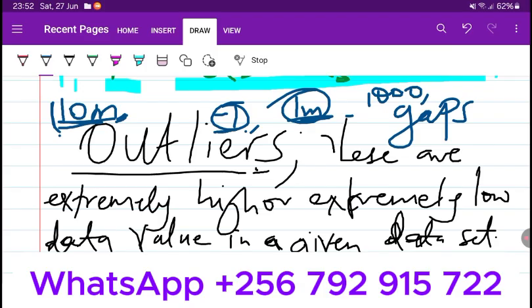So these outliers have a striking effect on the mean of the data set.